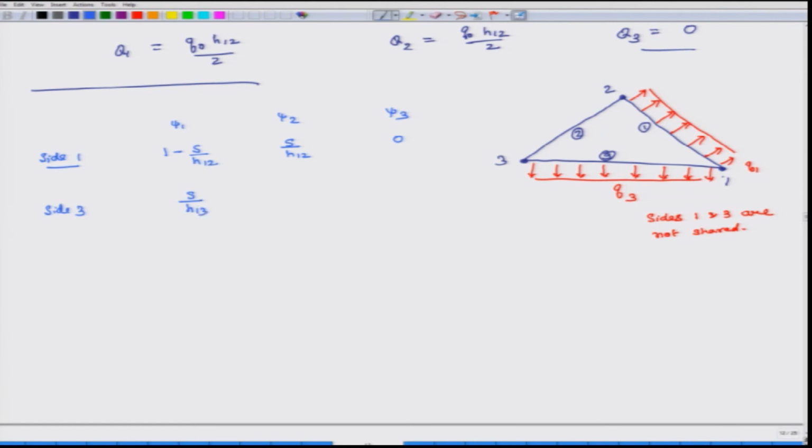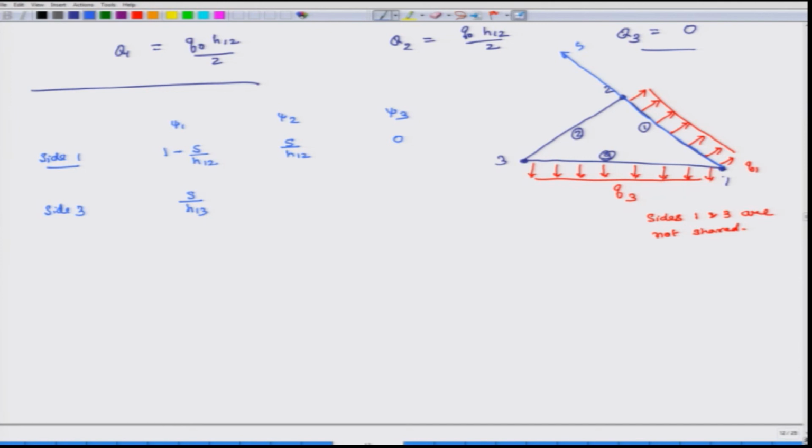See, it is cyclic. So, you have to make sure that this is not 1 minus S by H, it is cyclic, okay. Why is it cyclic? Your coordinate system here goes from 1 to 2. So, this is the S axis for side 1.